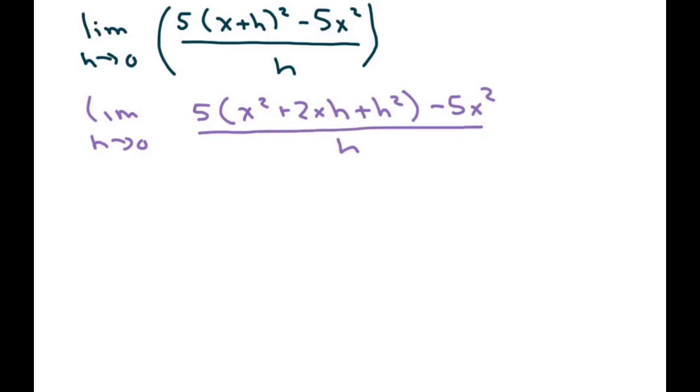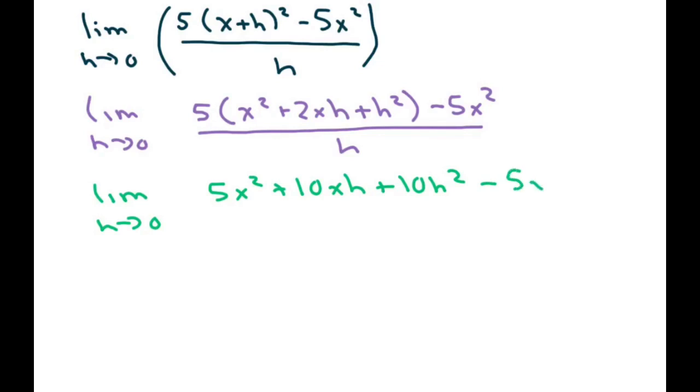And then I'm going to distribute my 5. So I get 5x squared plus 10xh plus 5h squared, and then we have minus 5x squared all over h.